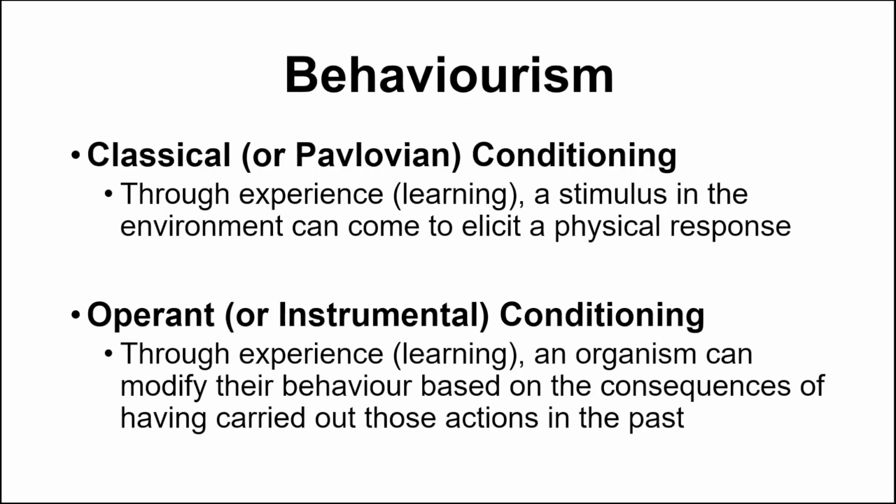You can use punishment. Maybe you want to stop your dog from barking when the doorbell rings. So if the dog barks when the doorbell rings, then maybe you're going to shout at them to stop barking. And in that case, their barking is followed by a bad outcome, and that would make them less likely to bark in the future.